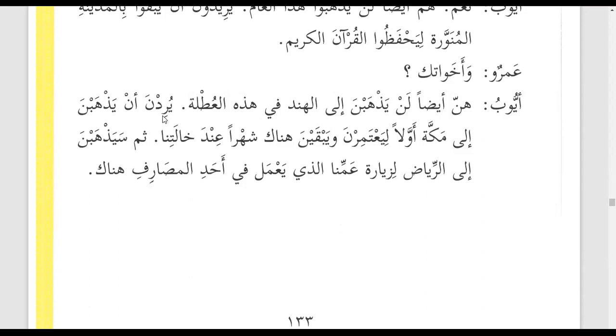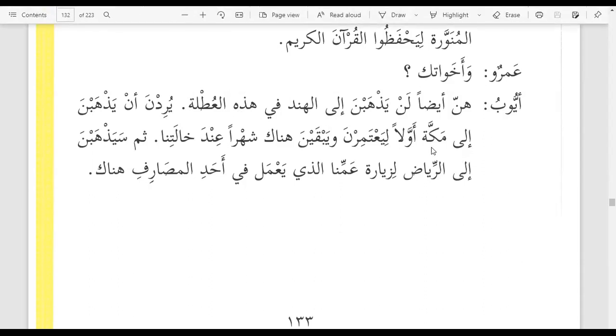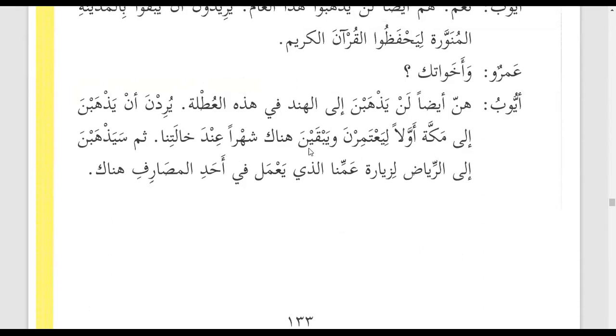Yuridna, they want to go to Makkah first, liya'tamirna, to perform Umrah, wa yabqayna hunaka, and they will stay there shahran, one month, inda khalatina, with their aunts or khalati.